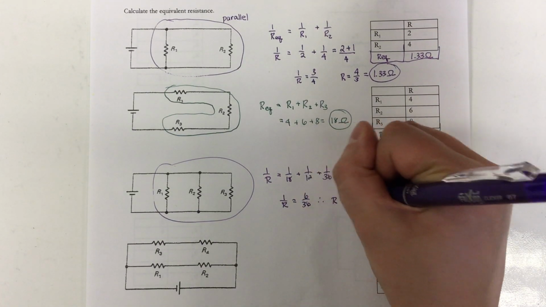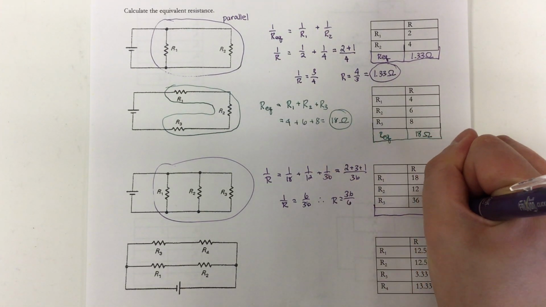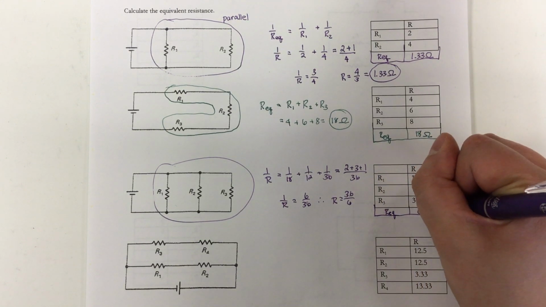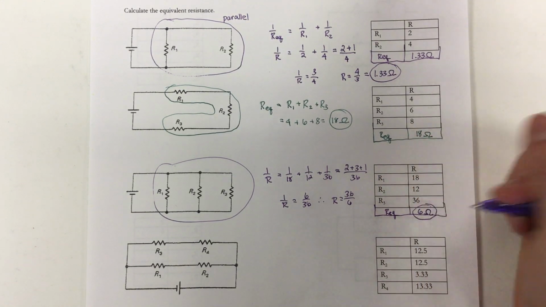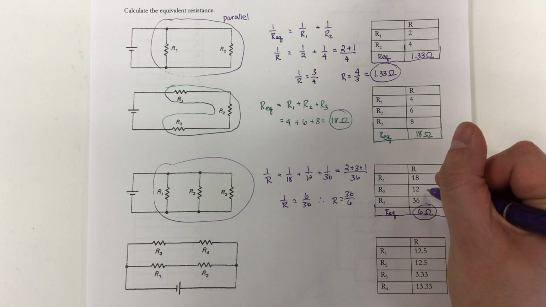Therefore, R is equal to 36 over 6, such that the equivalent resistance is 6. As a double check, at the end of my circuit, since it's parallel, equivalent resistance should be less than the smallest, 6 less than 12.